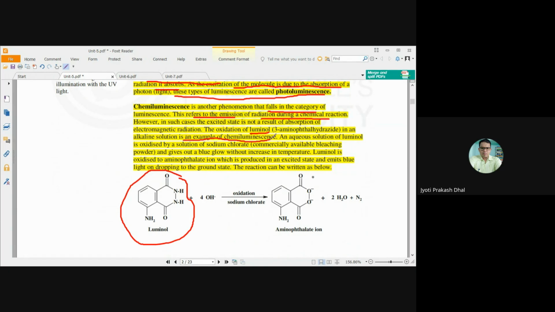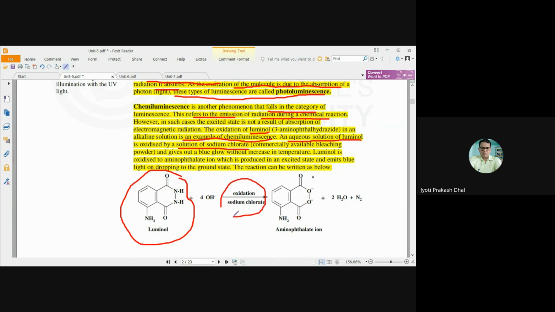that is an example of chemiluminescence. The method is like this: an aqueous solution of luminol is oxidized by a solution of sodium hypochlorite, which is commercially available bleaching powder.